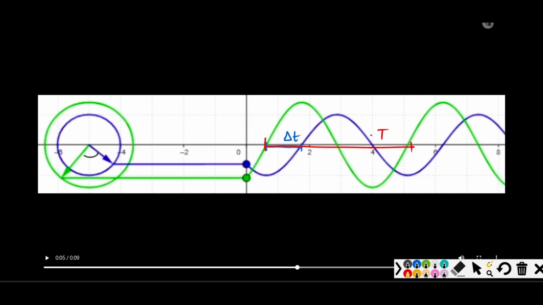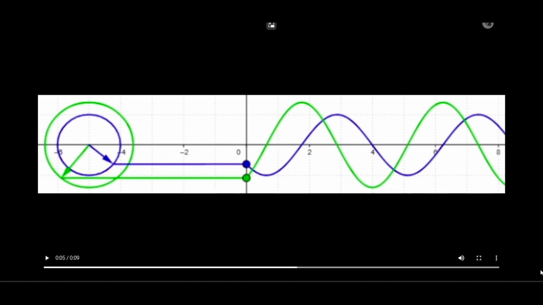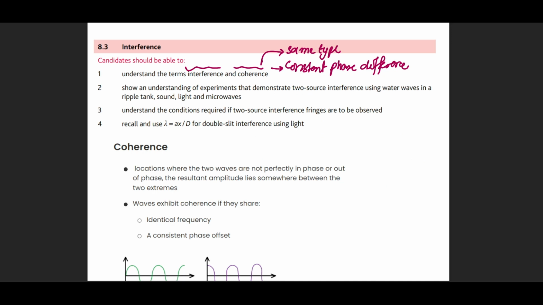Let's call this T, and this T can be chosen from any wave, either the purple one or the green one. The formula becomes delta t by T multiplied by 360 if you're calculating in degrees, or by pi if you're calculating that in radians. So these two conditions need to be met for coherence, or you can say this is what coherence means.